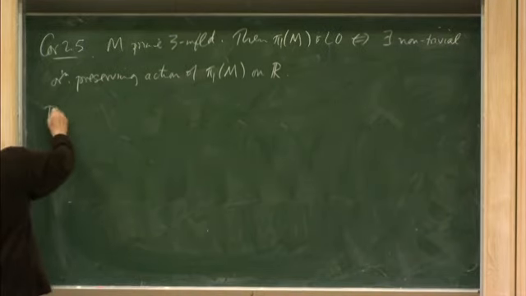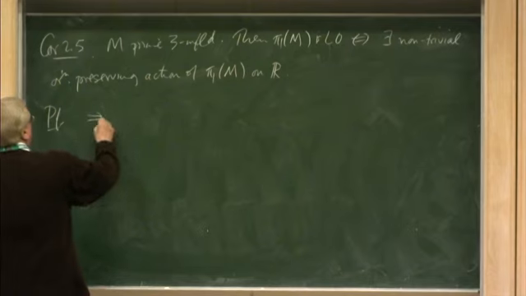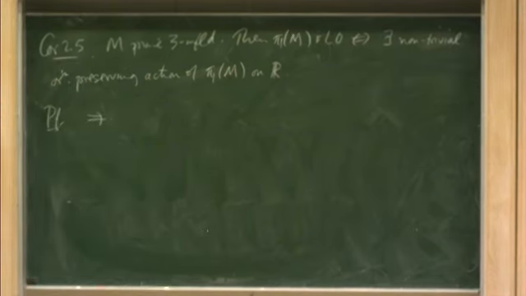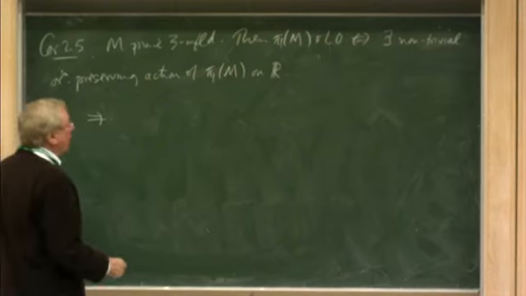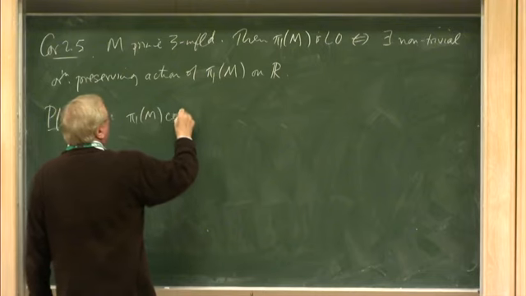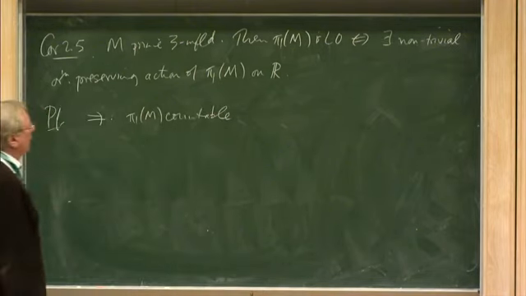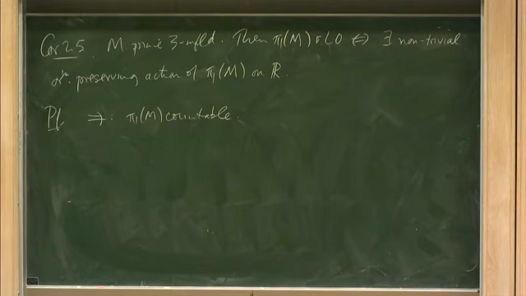Of course, it's the right to left implication that we're going to use, but the left to right happens to be true as well by a theorem that I mentioned but didn't really prove. Pi 1 of M is countable, so it's a countable left orderable group, and so therefore it actually embeds in Homeo plus R.